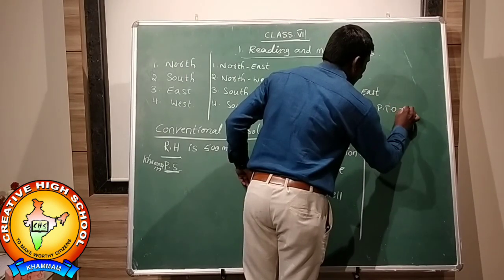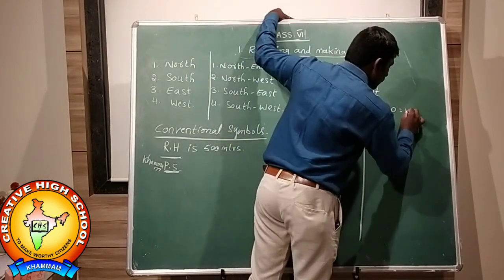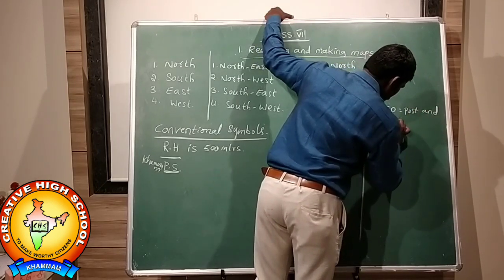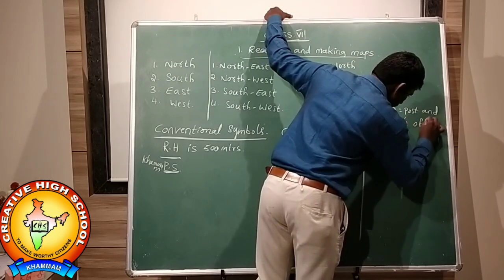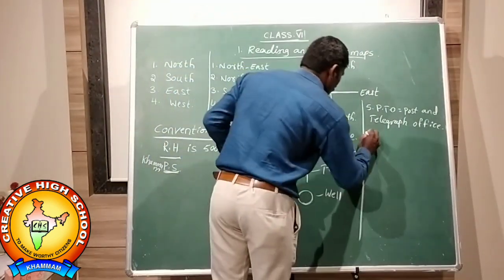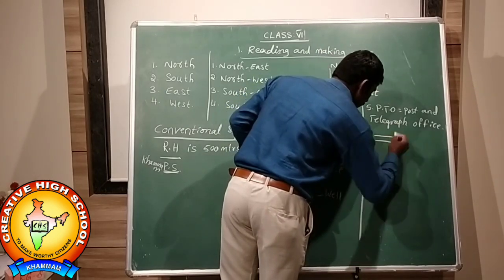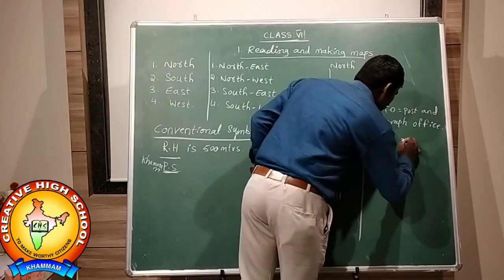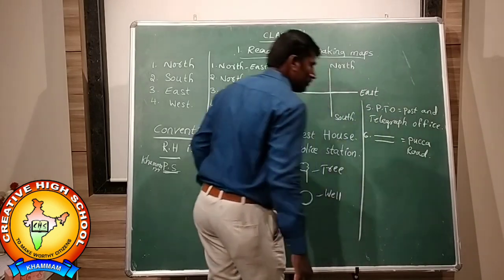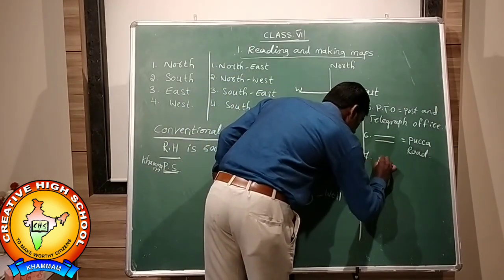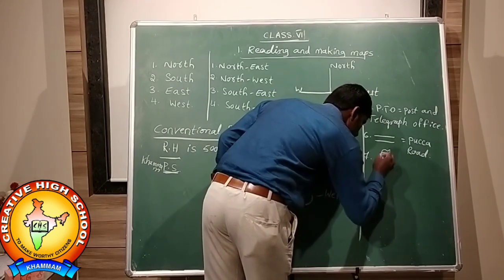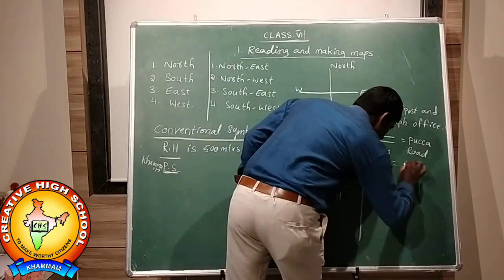PTO: P for post and T for telegraph office. This is a Pakka road. Temple.